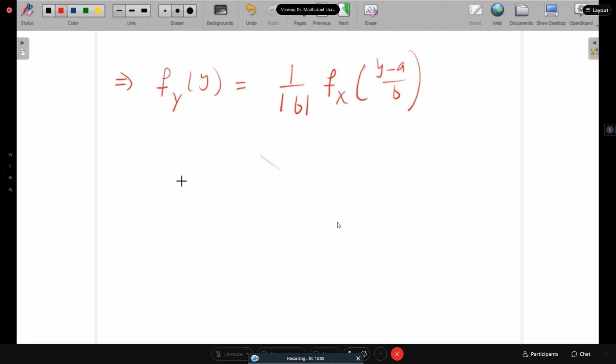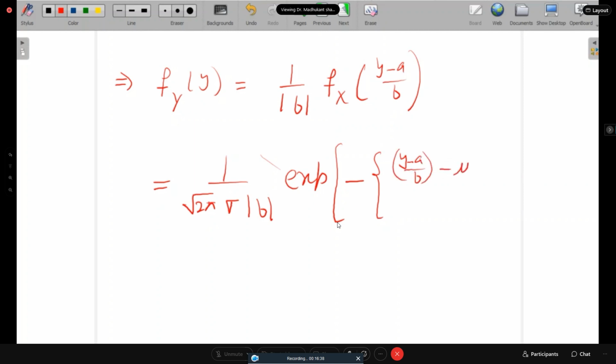Now what is this? So this you can find out. Okay. So 1 upon square root of 2 pi sigma times mod b. Okay, the 1 by mod b is multiplied, so it's sitting here, 1 by root 2 pi sigma, exponential of minus, so f_X of x was (x minus mu) by sigma, square, right? So you have x here as (y minus a) by b, minus mu, by sigma, square, right?